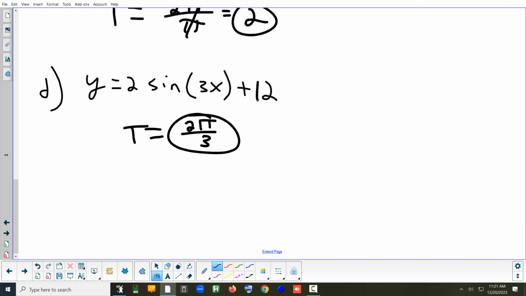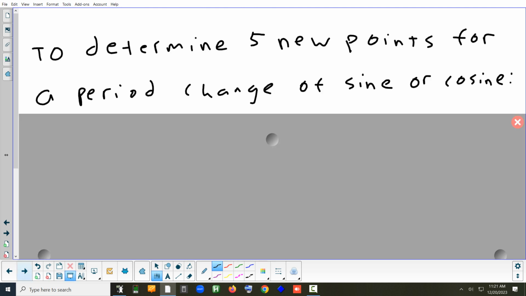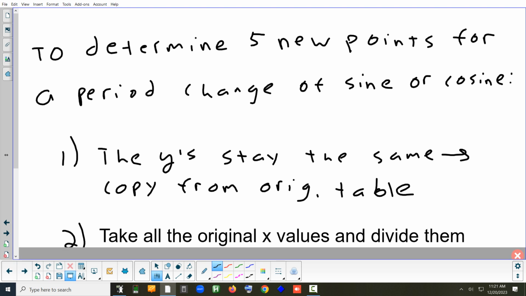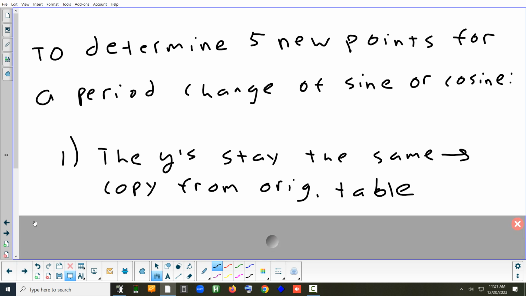All right. So when we stretch and compress horizontally, think about the table. What values are going to change? Things are stretching and compressing horizontally. The x's are going to change and the y's are going to stay the same. Unfortunately, the y's are the easy ones to work with, and we don't get to work with those this time.